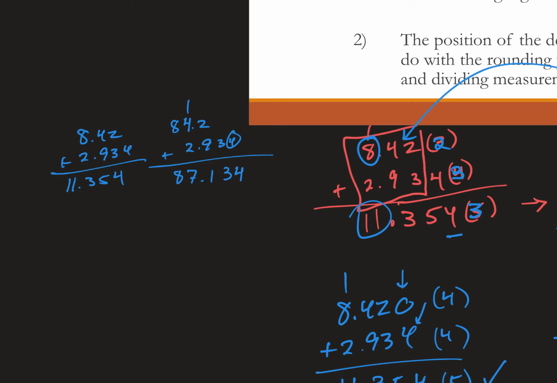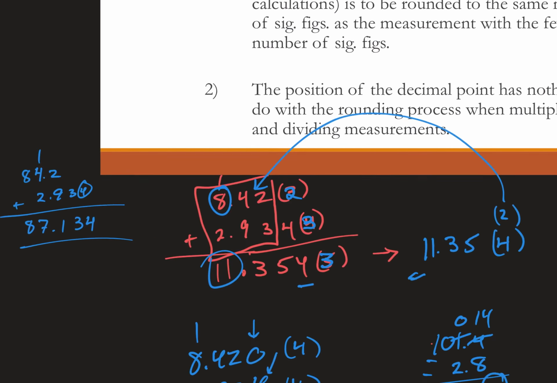Sure, fine, the last number is the same, but the rest of it is different. And that's generally going to be true for adding and subtracting. If you change the magnitude when you're adding, you're going to get different sums.